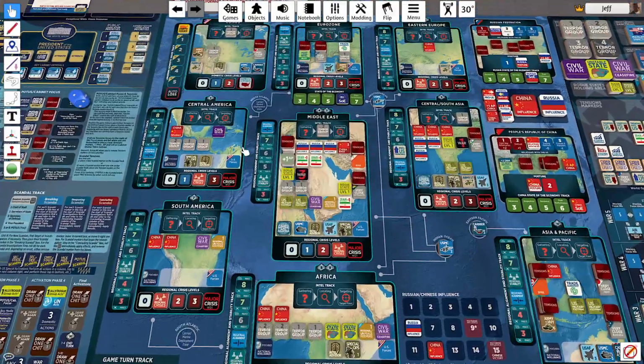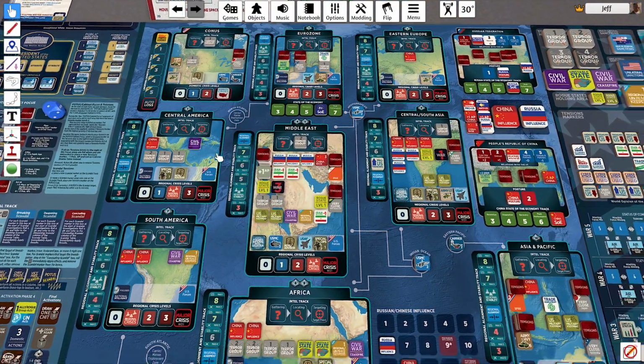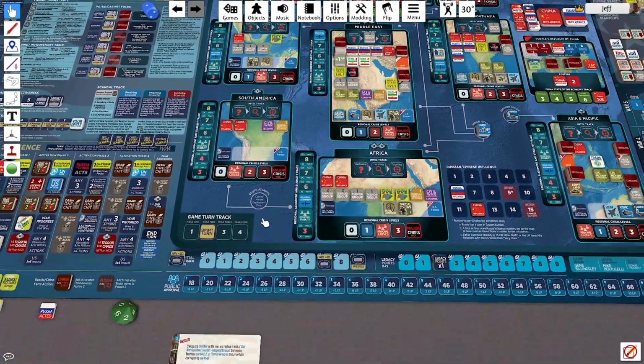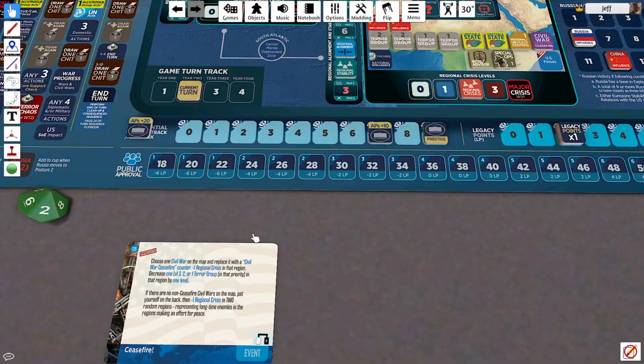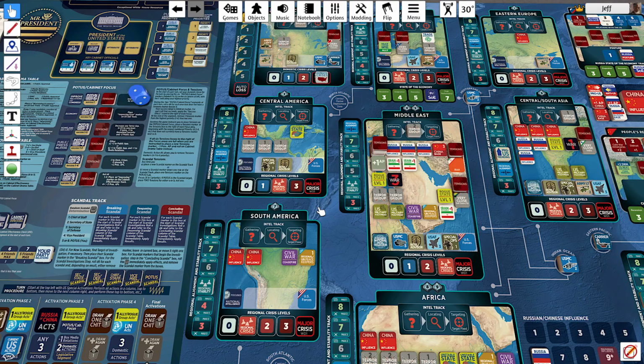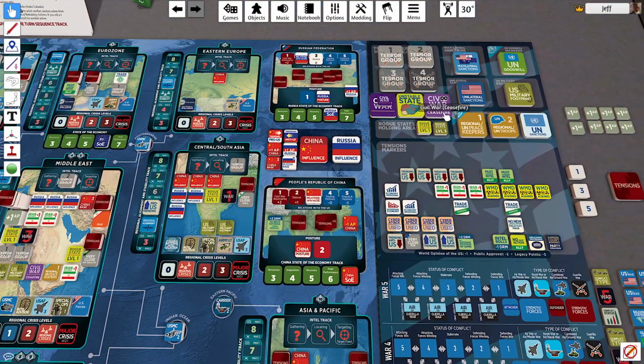Let me just make sure. Nope, I have one right here. And then, yeah, we can... Is it get rid of? Decrease. And that is not a flip over. I don't know why it's doing that.